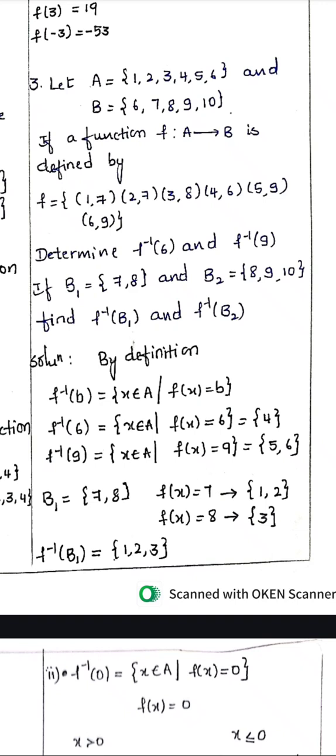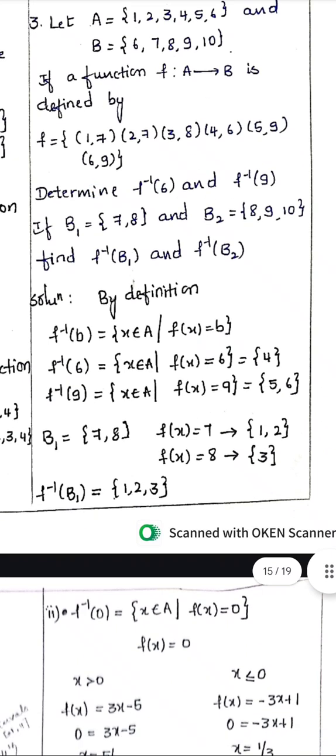Then if B1 equals {7, 8} and B2 equals {8, 9, 10}, find f inverse of B1 and f inverse of B2. So we have the formula: f inverse of B equals the set of x belonging to A such that f of x belongs to B.